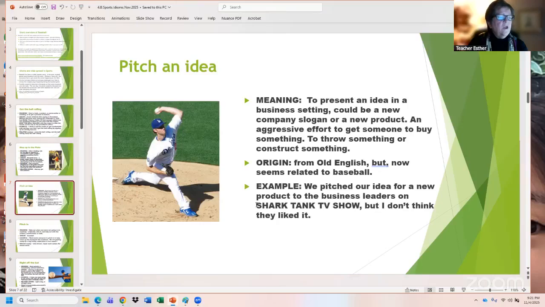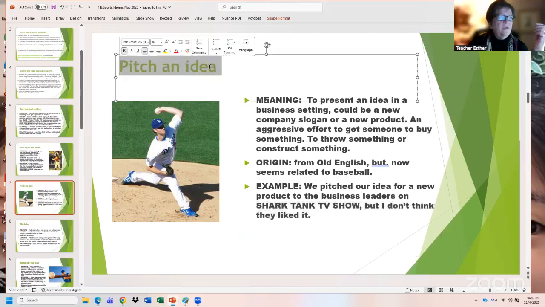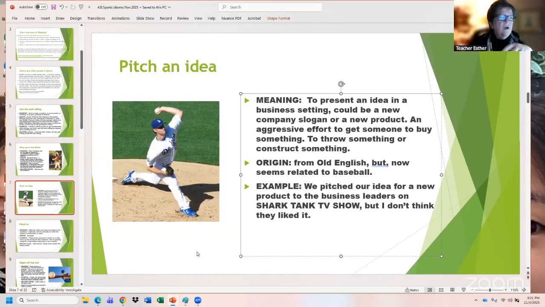So in America, the Shark Tank TV show is actually a group of investors, and different people come and pitch an idea. They do a demonstration. They might talk about ways they've already used it. They might talk about where it's been sold already.